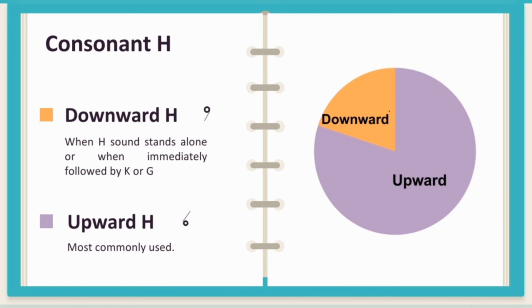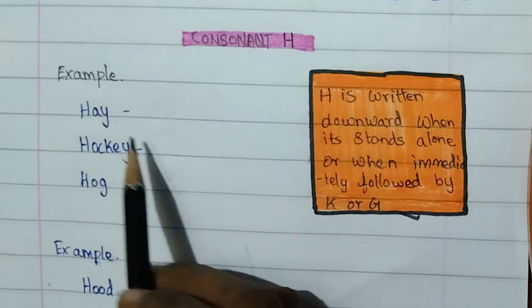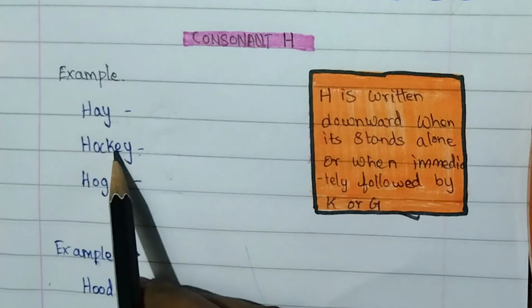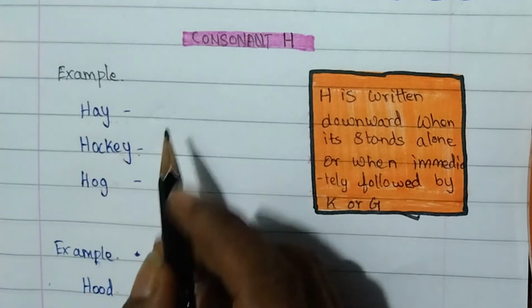And upward stroke is the most commonly used stroke. If a word does not follow the rules of downward H, then we should use the upward H to write the word. Downward H, the examples are hay, hockey, hog.